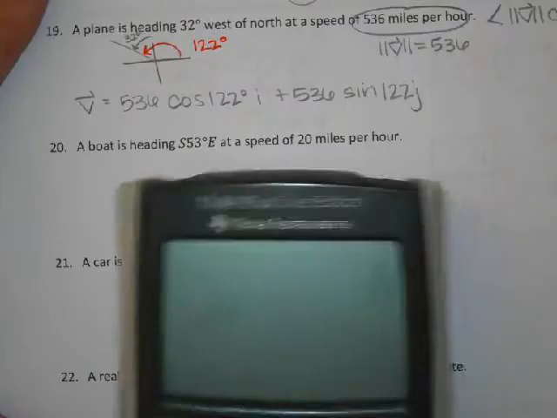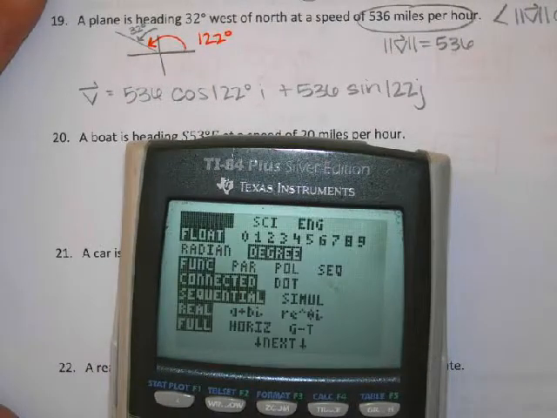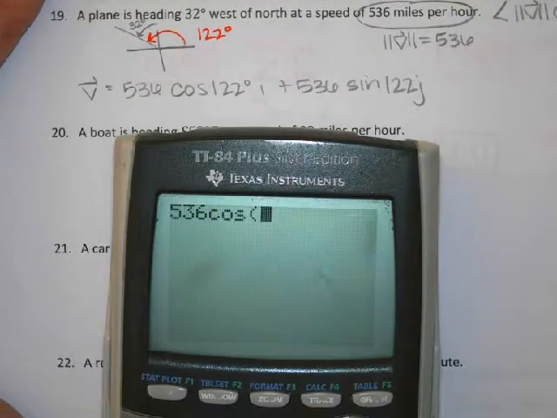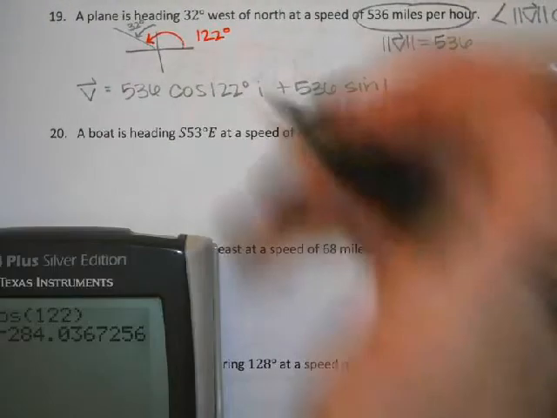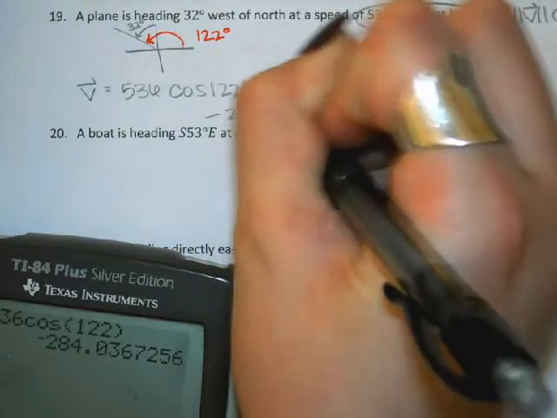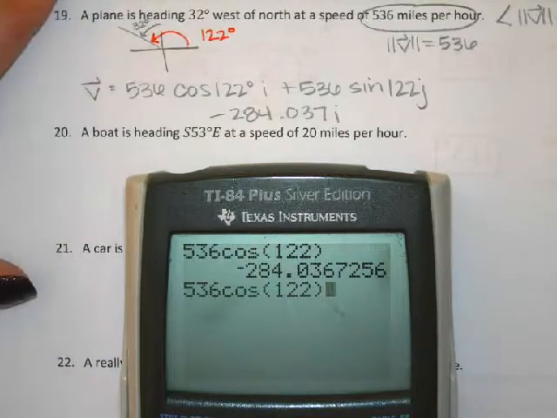And then if I want the approximate answer, I can go ahead and type this in my calculator. So for this unit, we're always in degrees. I'll do 536 cos 122. And then 536 sine 122.